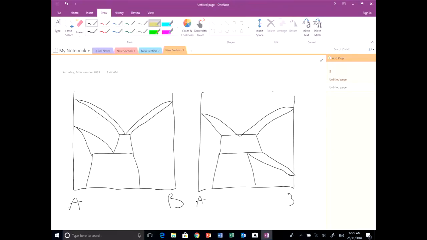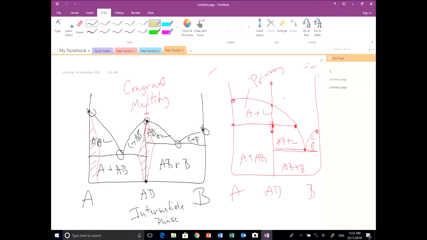So here's a couple of other variants. But I think before I do those, I better do the simpler one.